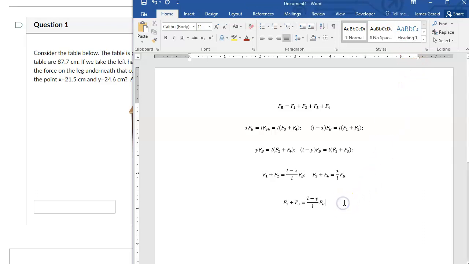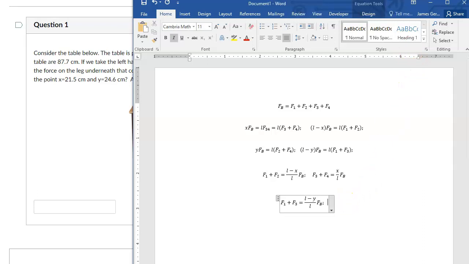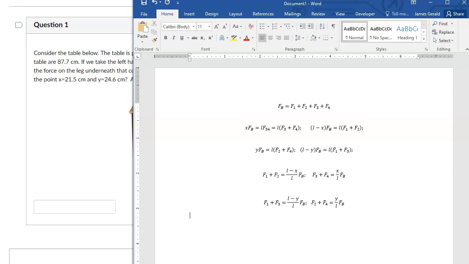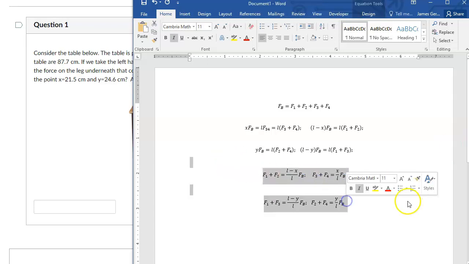And then down here, F2 plus F4 is Y over L FB. Okay, so these are what we have. And here's where you have to start making some other assumptions.